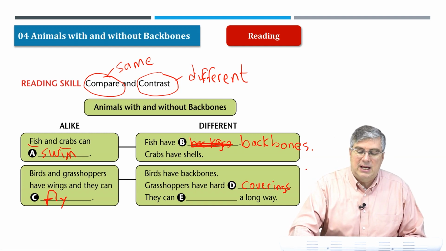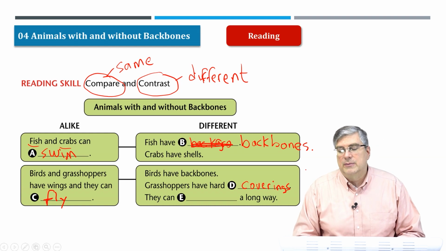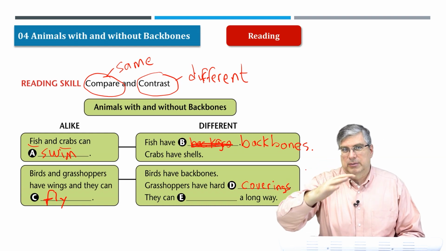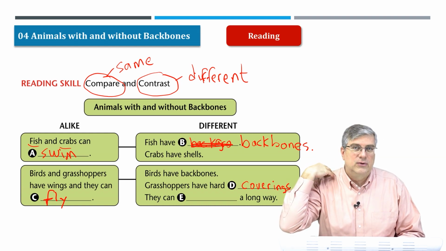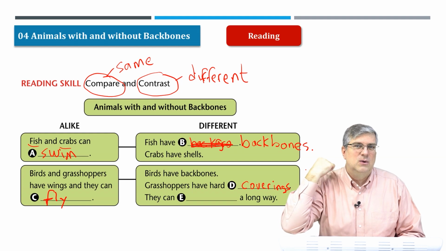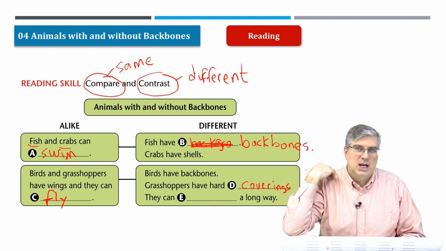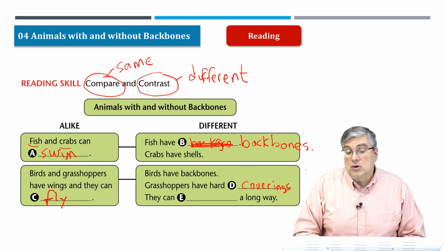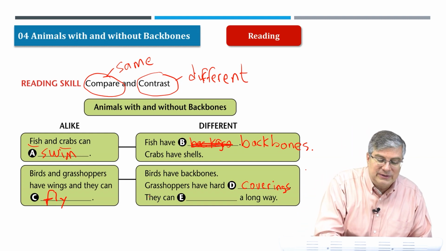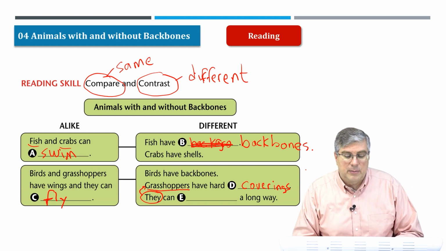In this case, a covering is something that covers something else, right? So they have hard coverings. Whether it's a really tough skin or a shell, they have hard coverings. And grasshoppers, when it says they, that means the last thing that we talked about, and that would be grasshoppers. So they refer back to grasshoppers.